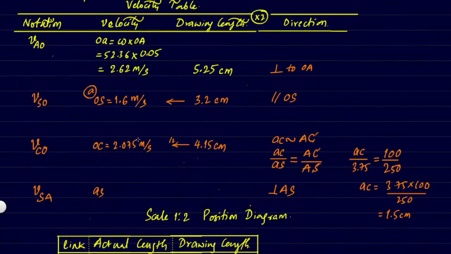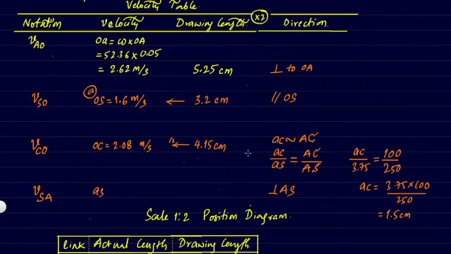We can round it off to 2.07 or 2.08 meters per second. So this is the velocity of the point c, which is the center of gravity of the connecting rod, with respect to O, which is the fixed point.